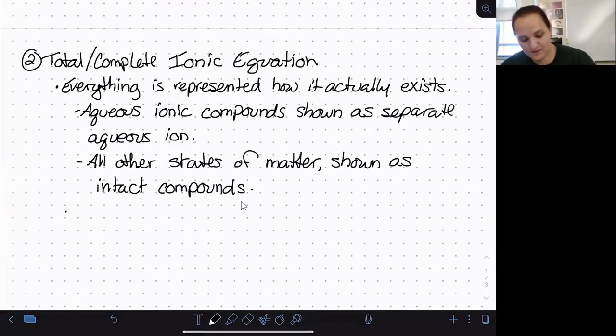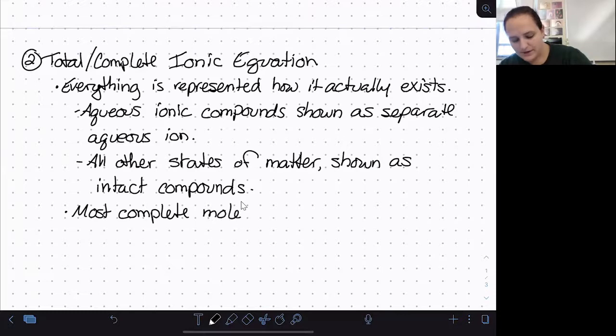So this type of equation is the most complete molecular level picture of what's going on.